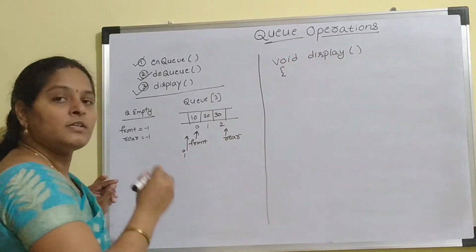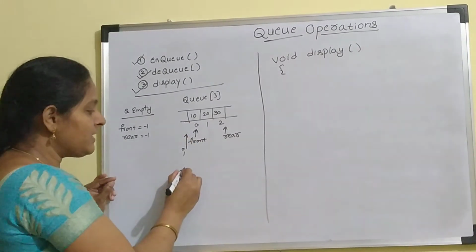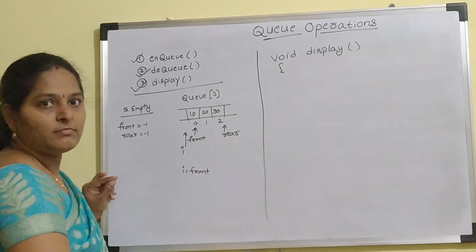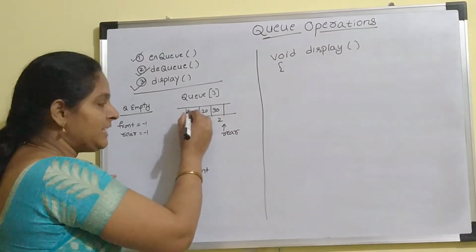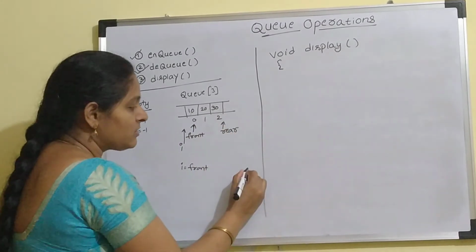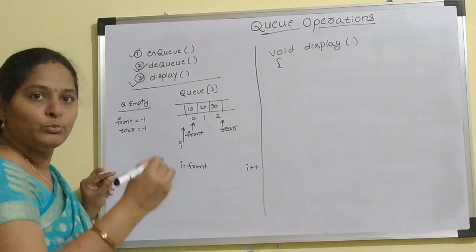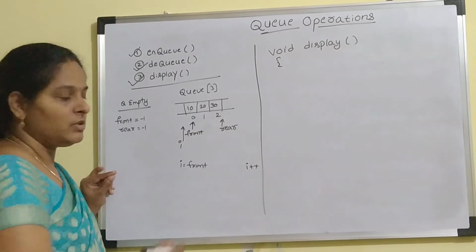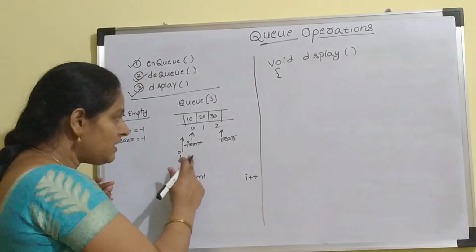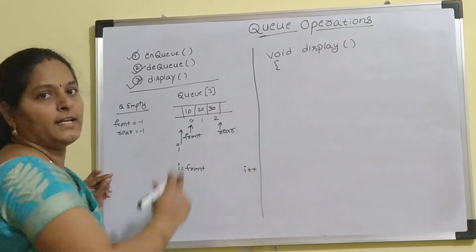Initially I need to start printing from the front position, right? So initialize the i value to the front position. Okay, after printing the front element, I need to move the i pointer to the next position, right? So every time after printing that position's value, I need to move the i pointer to the next position. So i plus plus. Now till the rear pointer is reached, we need to move the i pointer to the next positions.